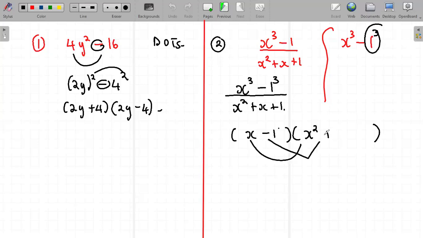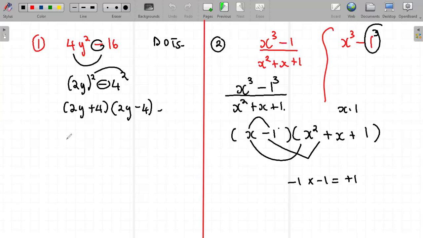I'm going to have positive. So what am I putting here? X times 1, right? So what is x times 1? That will give you x. The last one is always positive. Negative 1 times negative 1 will give us positive 1.